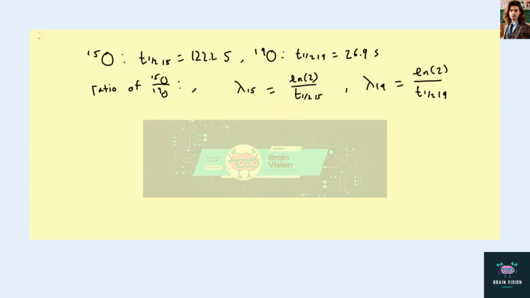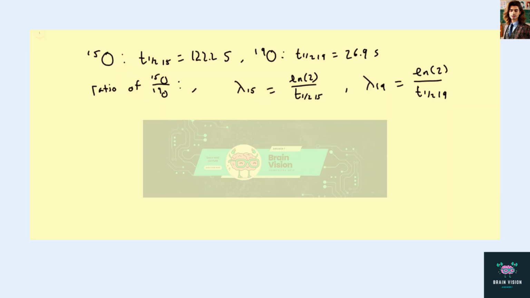The next thing we want to know is how much oxygen-15 and 19 there is at some particular time. So not the initial value, rather, the value at some later time t.